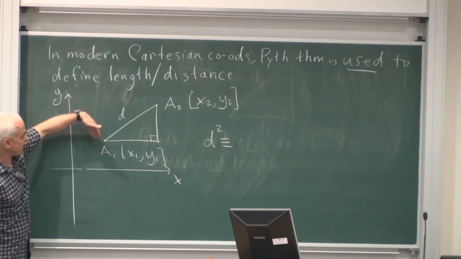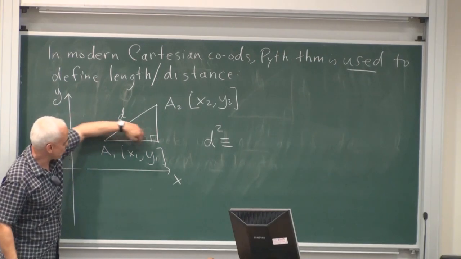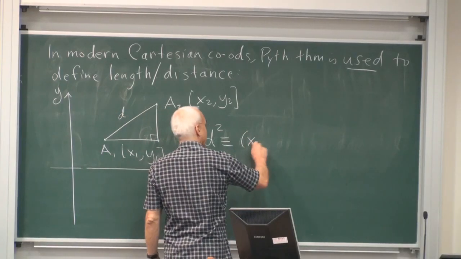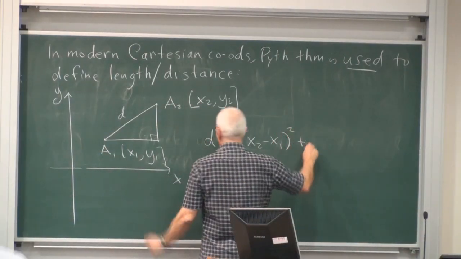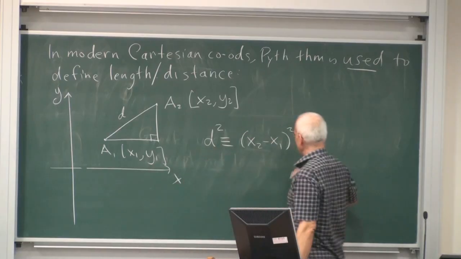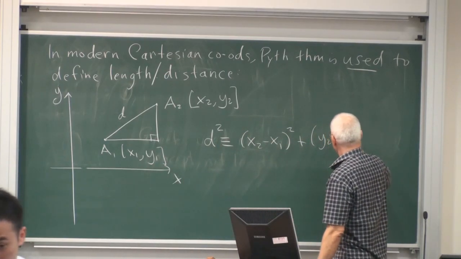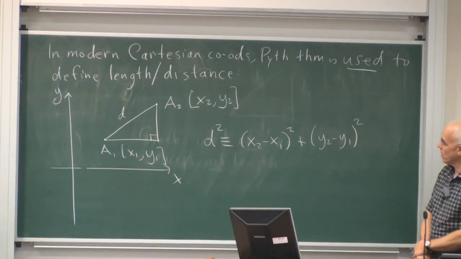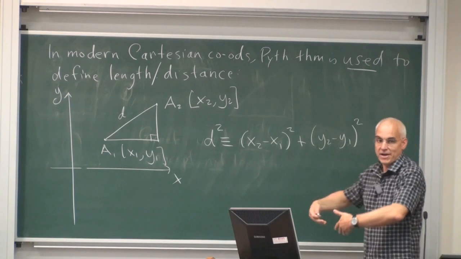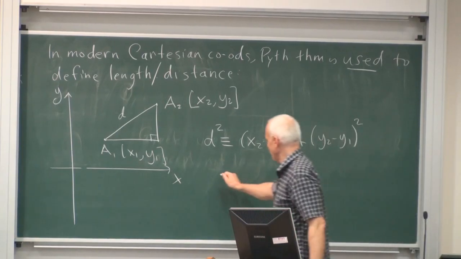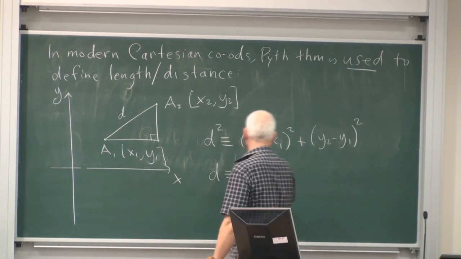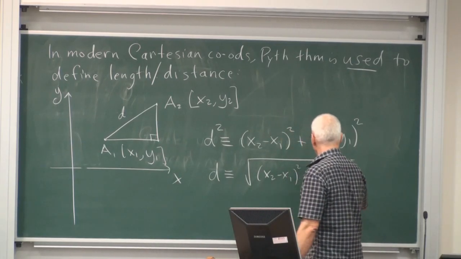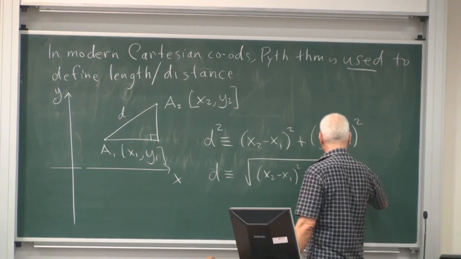Since d squared, the area of the square, will be the area of the square on this side, which is the difference between the x coordinates squared, so x2 minus x1 squared, plus the area on this side, which is the difference of the y coordinates squared. And now we have to define d. We need to take a square root. So the actual distance itself is defined to be the square root of x2 minus x1 squared plus y2 minus y1 squared.